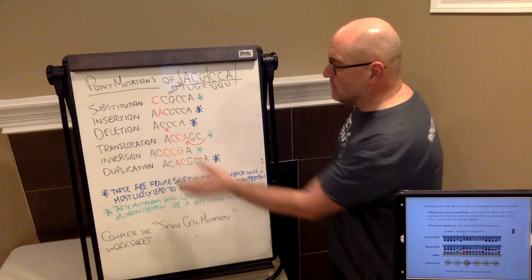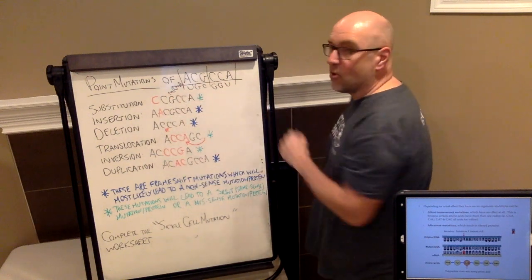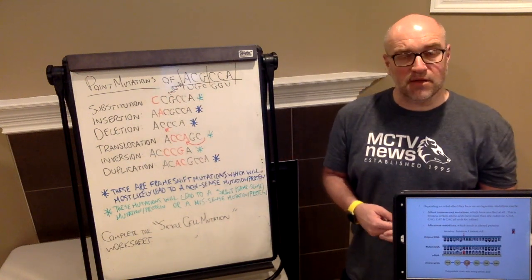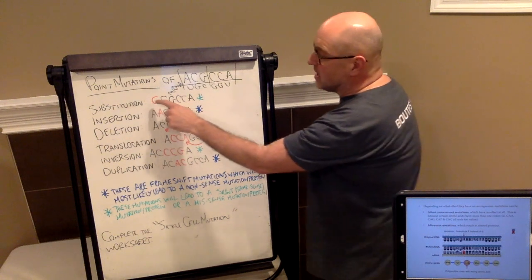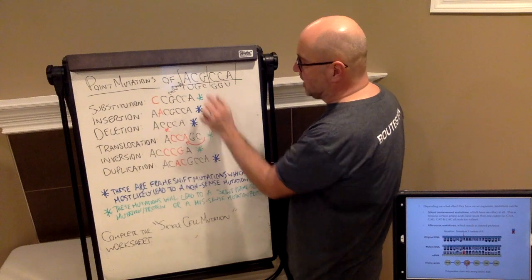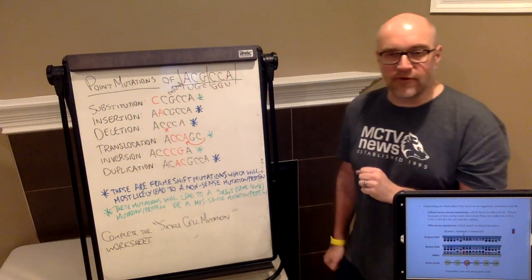Now, in all of these cases that I've drawn on the board, these are not going to be same-sense mutations. These are going to be what we call missense mutations, because we've done enough damage on these to actually change the coding for the 2 amino acids.